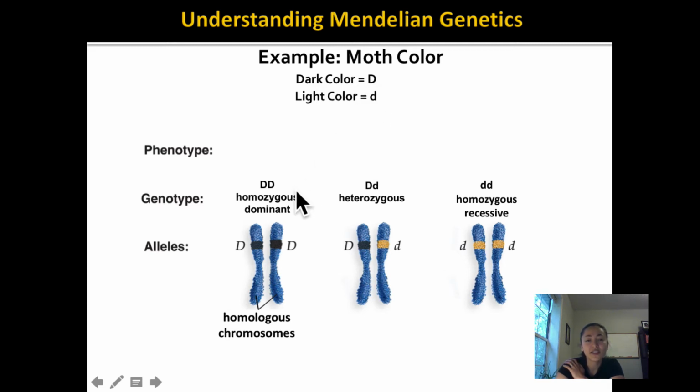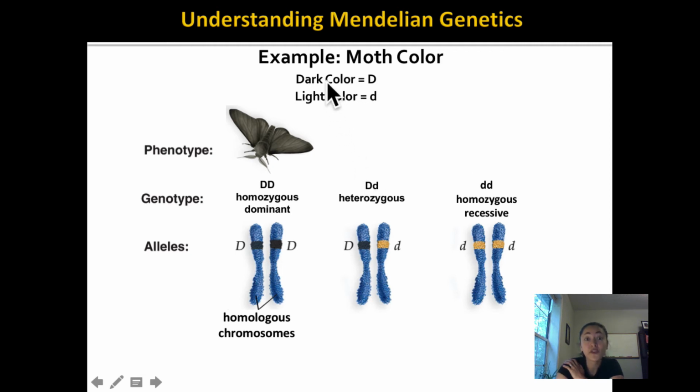So let's look and see what we have here. Does this individual that's homozygous dominant have a big D? They do. So that means that they have to be dark color. Does the individual that's heterozygous have a big D? Well, yes, they do. So what do they look like then?